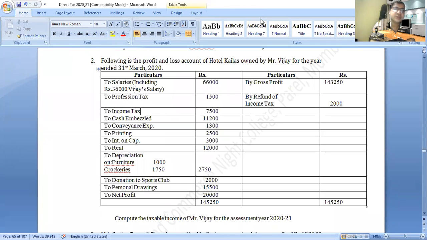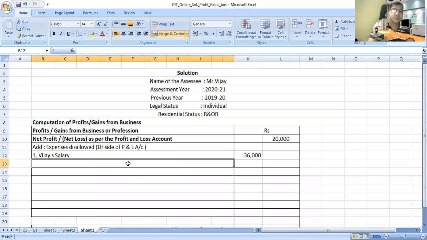So income tax we have to add to the net profit. We will write here number two, income tax, and the value of income tax is rupees 7,500.